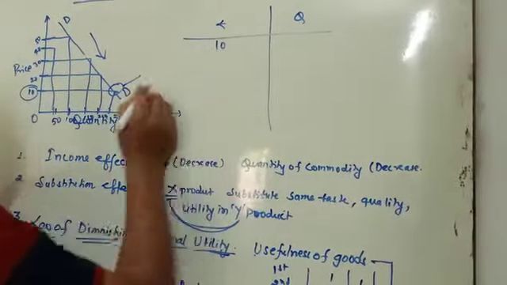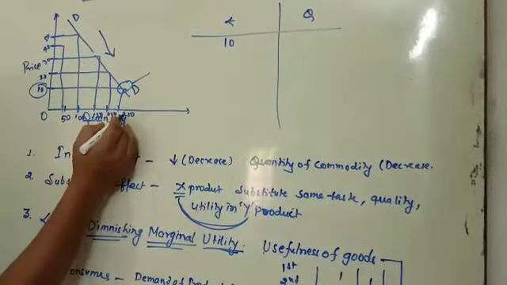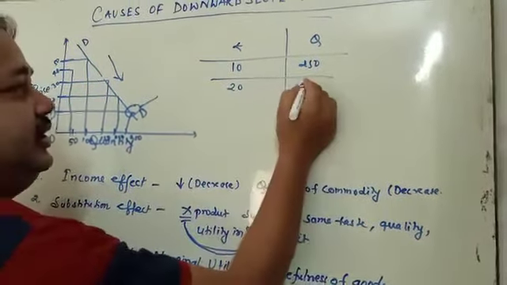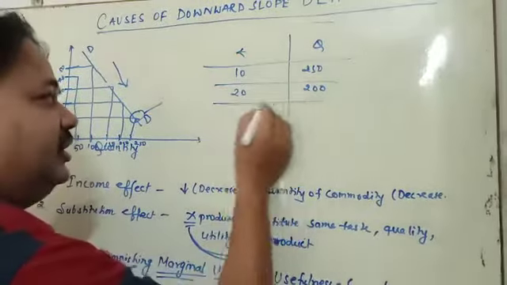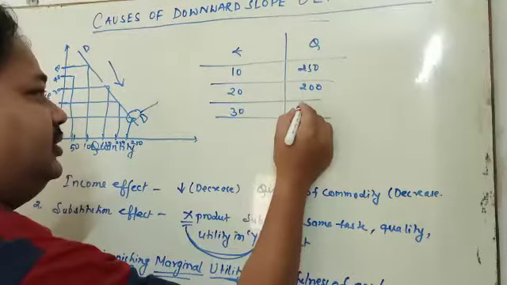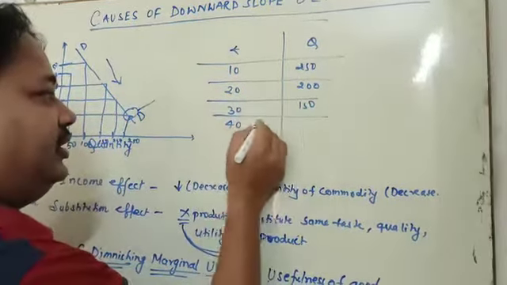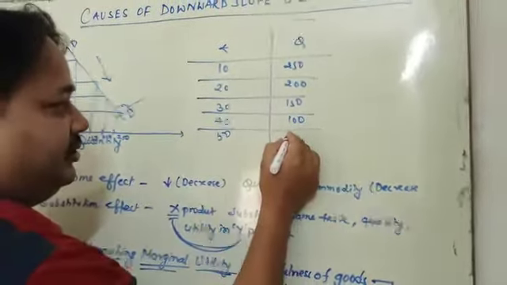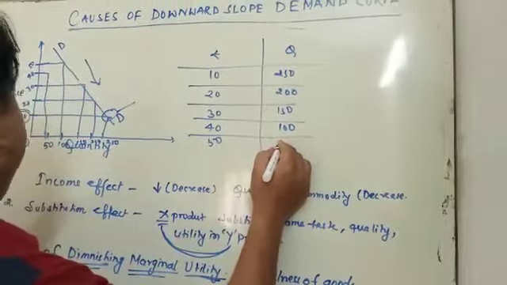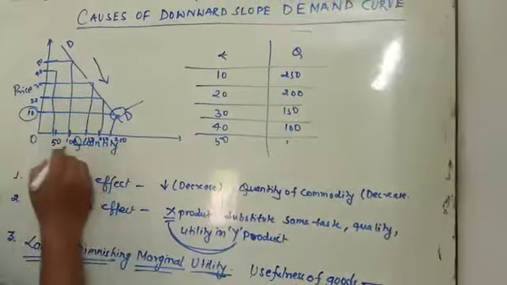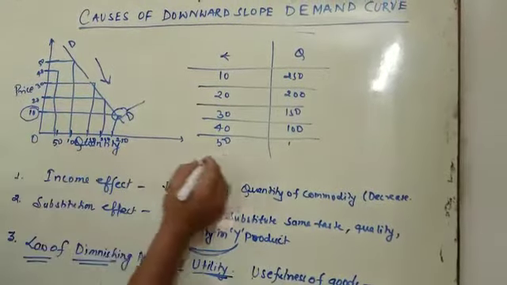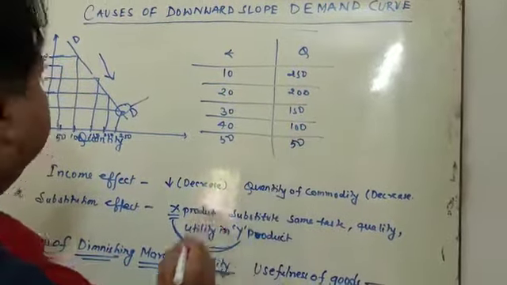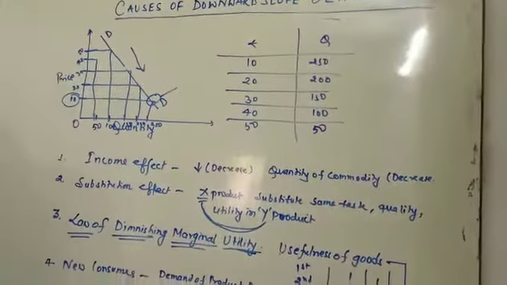At 10 rupees, what quantity is demanded per day, students? 250. At 20, 200. At 30, 150. At 40, 100. And at 50, only 50. So what is the reason?